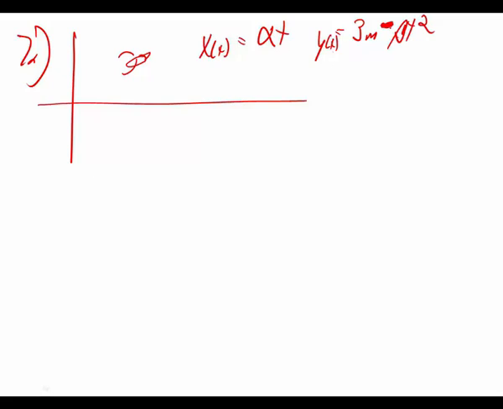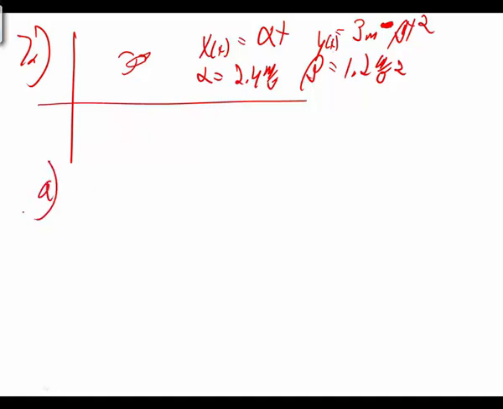Alpha is equal to 2.4 meters per second, and beta is equal to 1.2 meters per second squared. Sketch the path of the bird at time 0 and time 2. Okay? So we want to know the path.